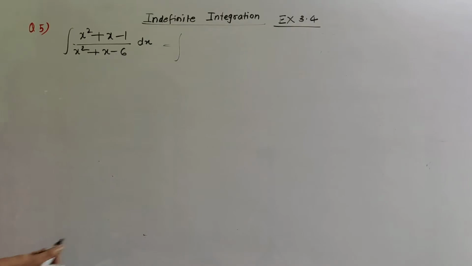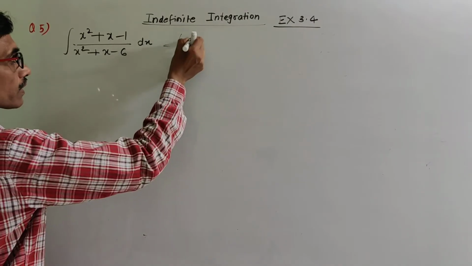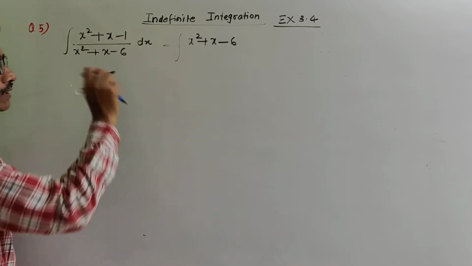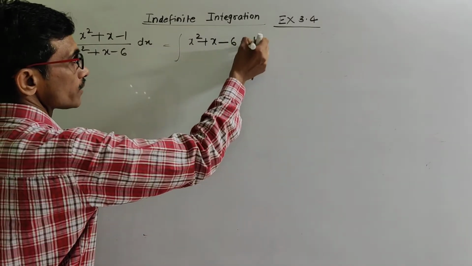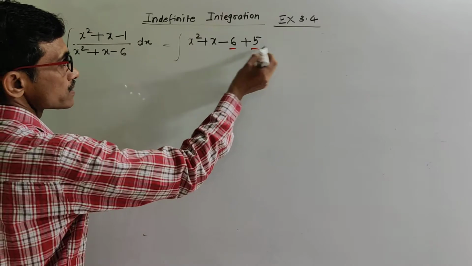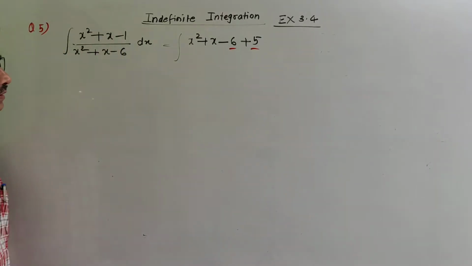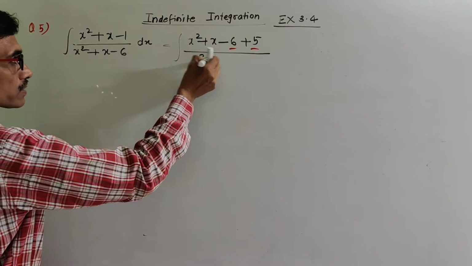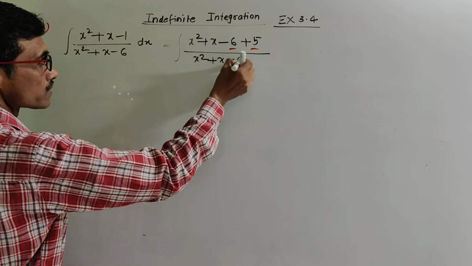integral of x square plus x minus 6 according to the denominator, and here we write plus 5, so that this minus 6 and plus 5 give us minus 1 upon denominator, as it is x square plus x minus 6 dx.